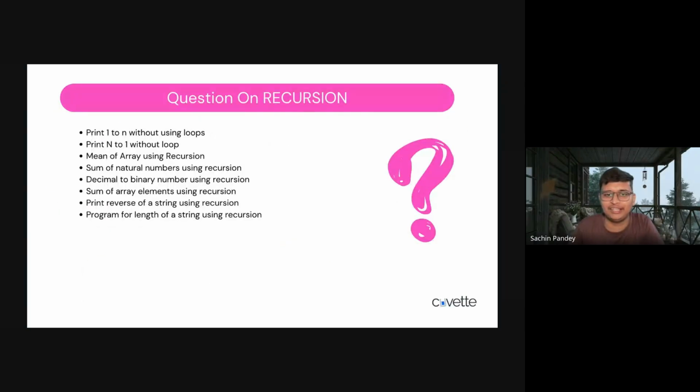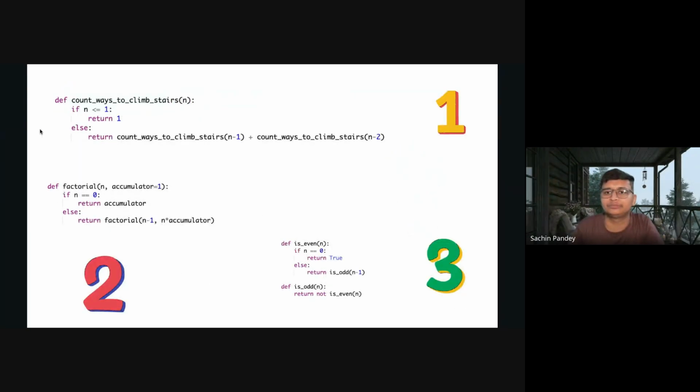You see this, the third one: isEven and isOdd. isOdd is calling isEven, and isEven is mutually calling isOdd, and at some point they will decide whether it is even or odd.